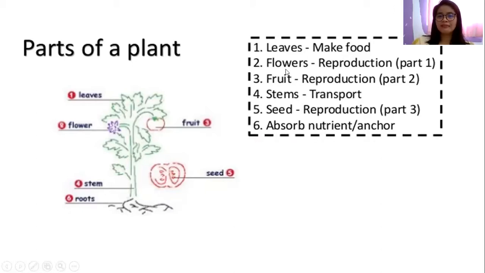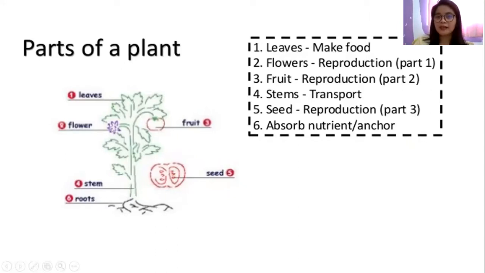Flowers and fruit reproduce by the wind or animals or humans. Sometimes the flowers can be eaten or picked by a bird, and the bird will fly and drop the flower, or the seed, or the fruit, and it will grow again into another plant.